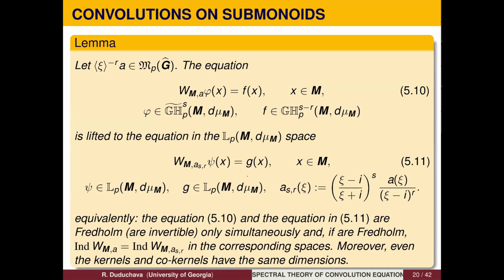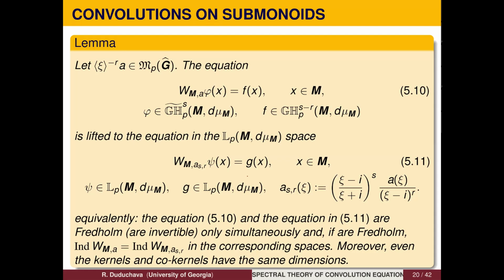Consider the equation with symbol in the multiplier class of order r, and consider the convolution equation on the submonoid in this setting, which I mentioned. The solution is in H^s tilde, and the right-hand side in H^(s minus r) without tilde.